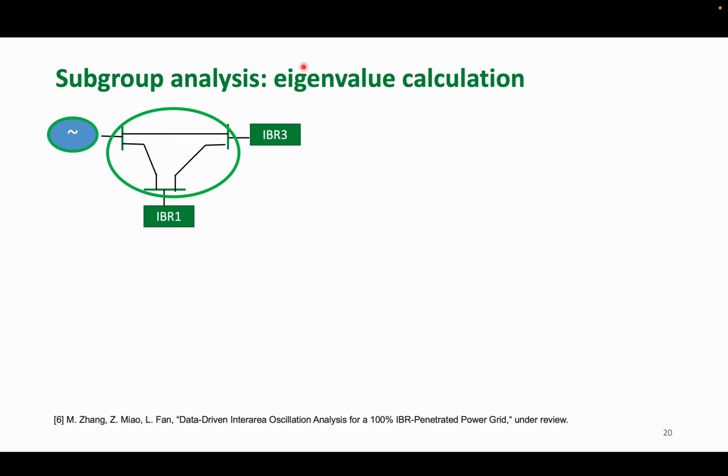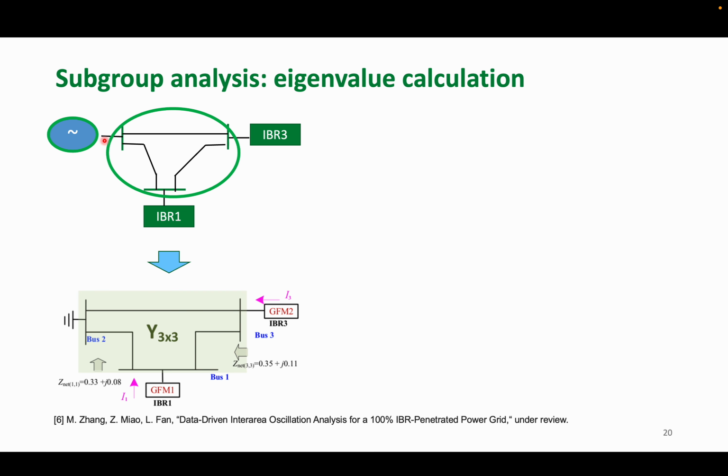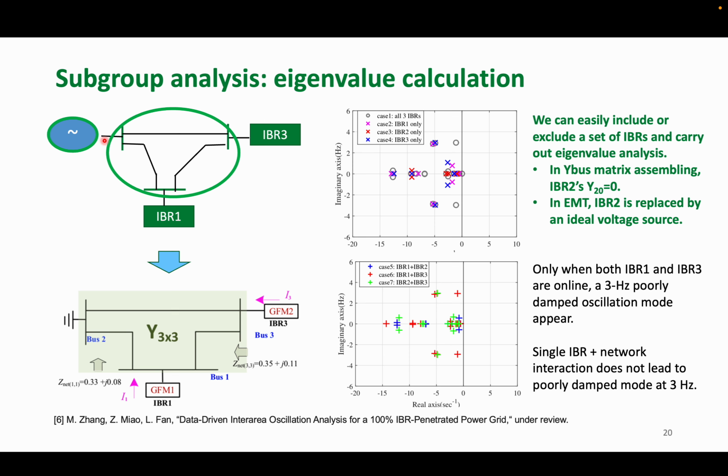For example, if we just look at IBR1 and IBR3 and treat the other one just as a voltage source, you can do eigenvalue analysis again, easily exclude the other set of IBRs, and carry out the eigenvalue calculation again and see what happens. So basically disable this and calculate the eigenvalue again.